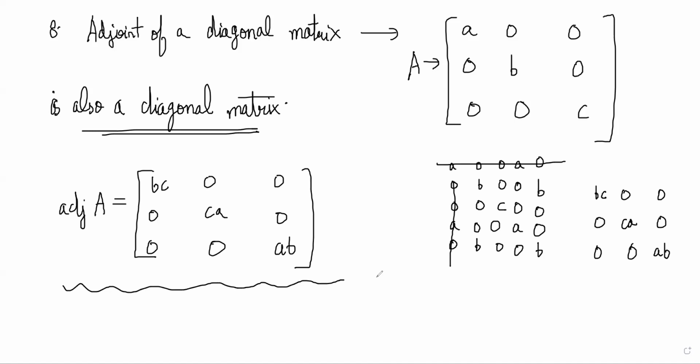For this one, I used the normal method because there were only zeros. Why are you not saying the answer? I got the same answer. I got BC, AC, AB as the diagonal elements.